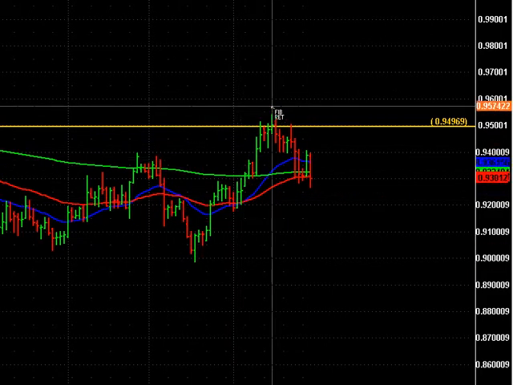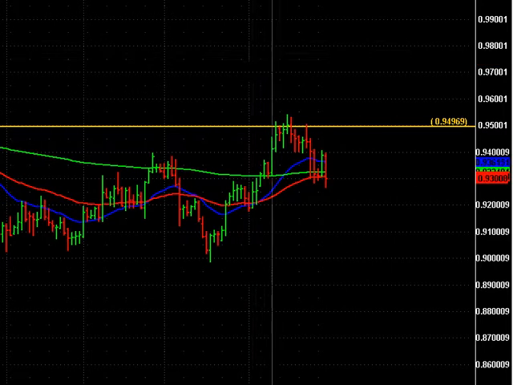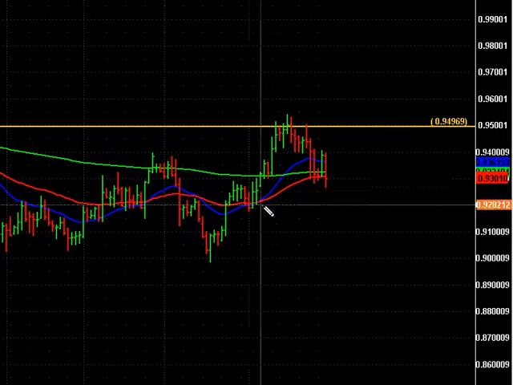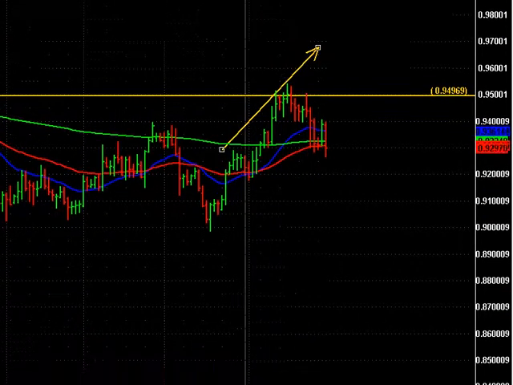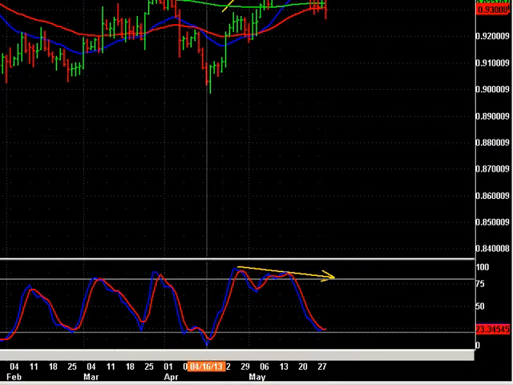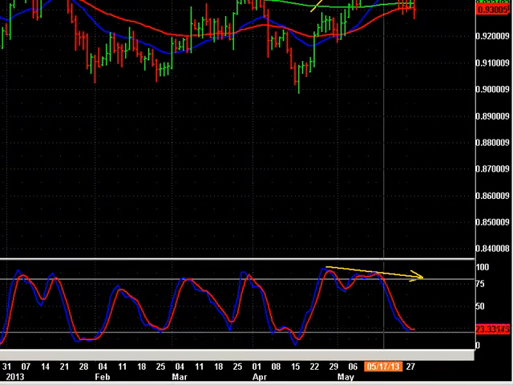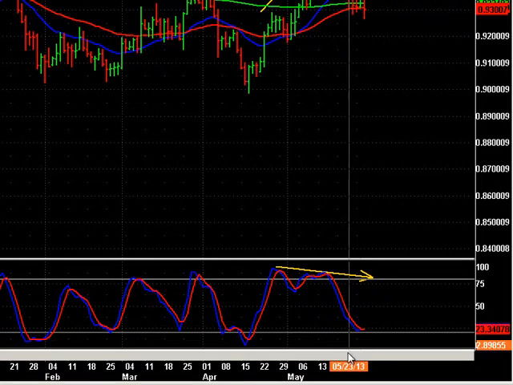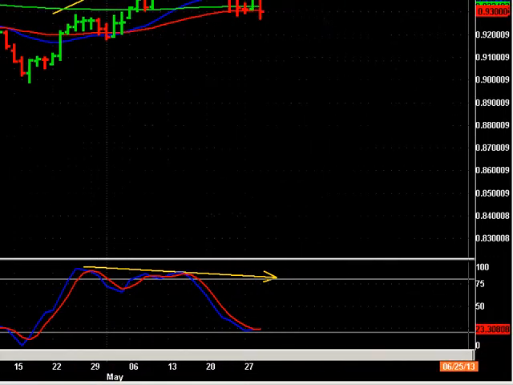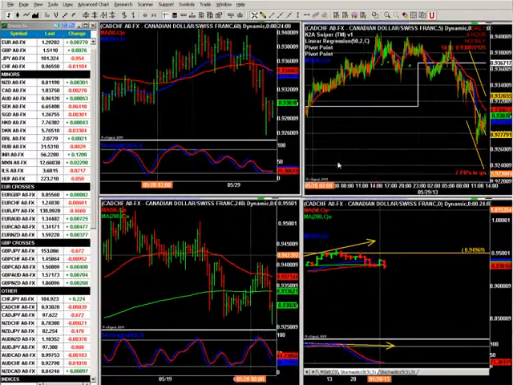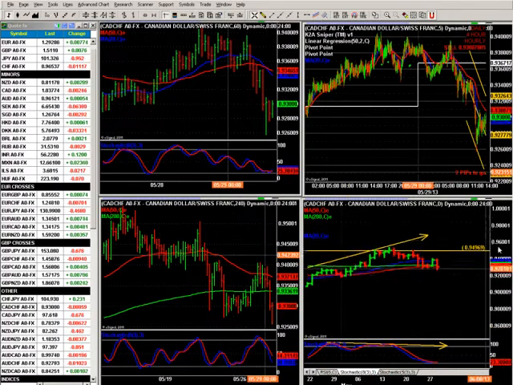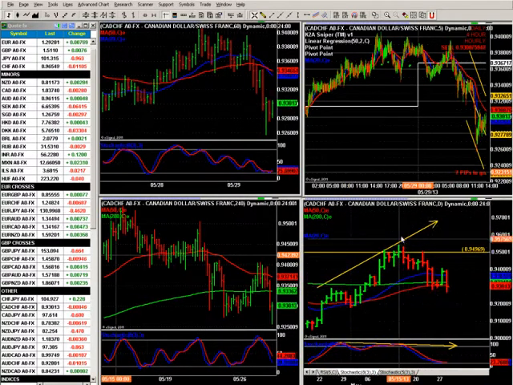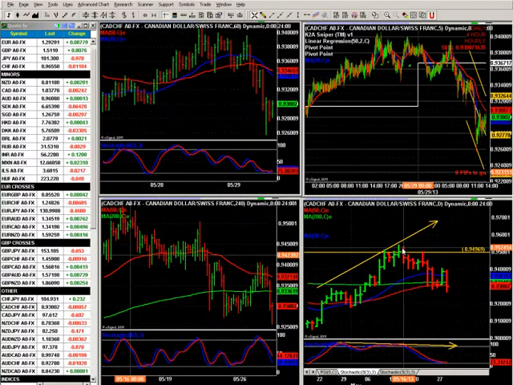It was giving divergence here as well, bouncing off a level, came back down by the 50 now. And it was giving a high test bar there as well, some beautiful high test bar.